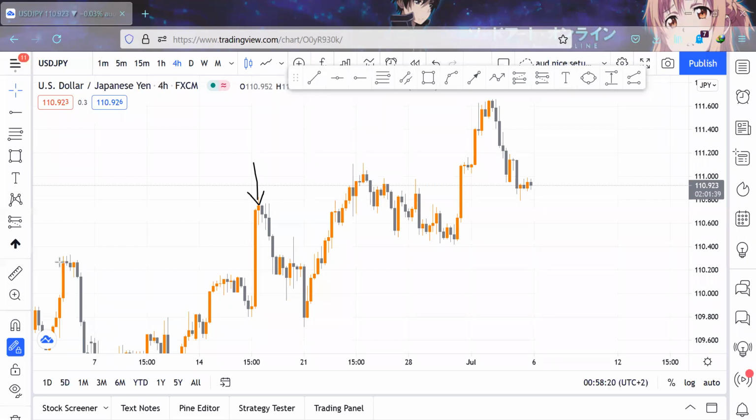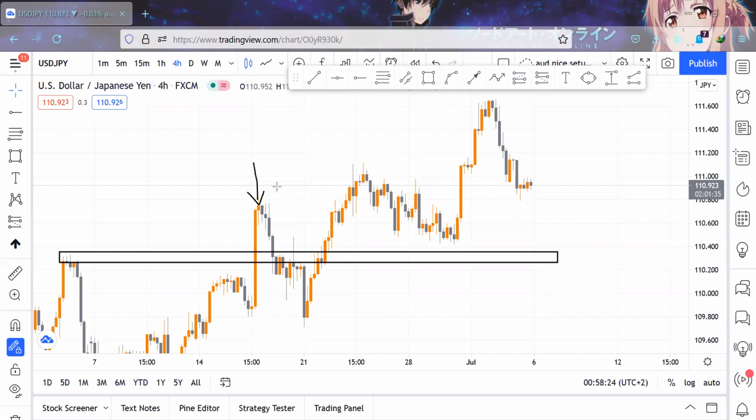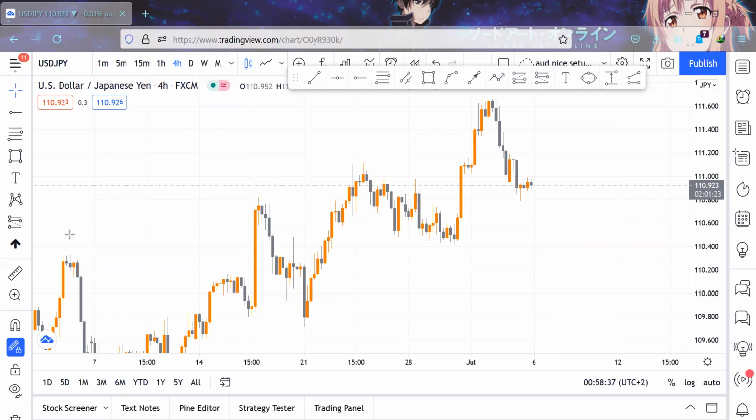This here is the previous high of the market. Now this is what I had said: the market just pulled out of the level impulsively, and then came down to close that imbalance in the market, in this level here, right?